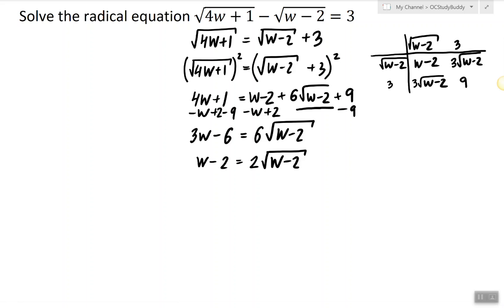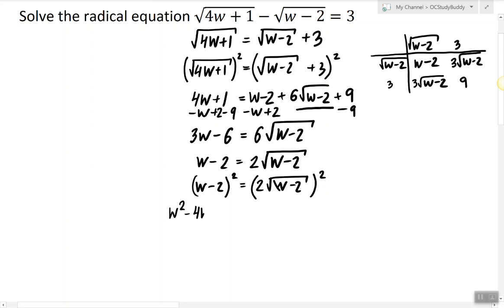Now, without isolating the square root completely, we can still square both sides. We just have to be careful with distributing the power over the product. On the left-hand side, we have w squared minus 4w plus 4. On the right side, the square has to be distributed to each factor in the product.